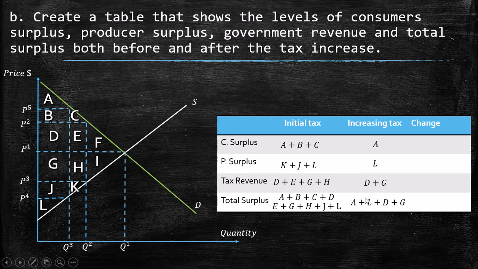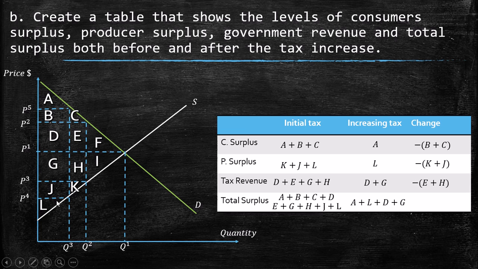Now what is the change? From the consumer side, they will lose B and C because there's going to be a higher price perceived from the consumer side. The producers will not receive any more J and K as producer surplus.